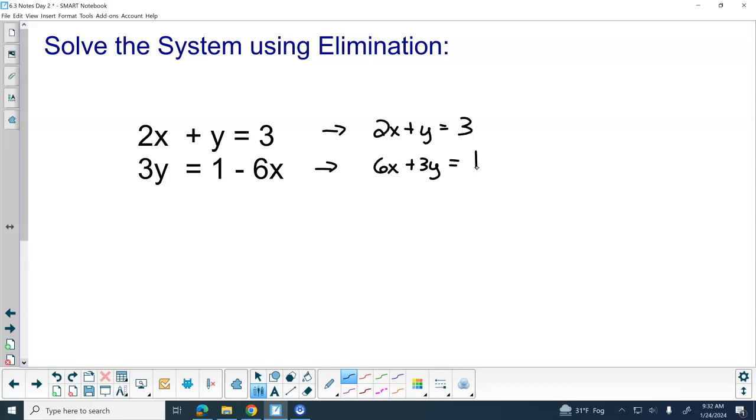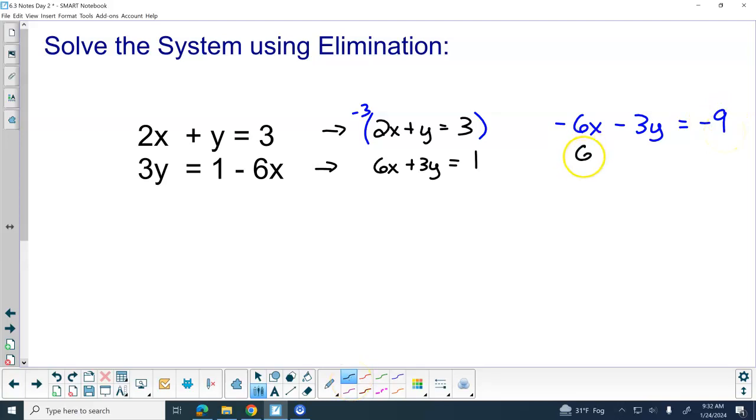So if I'm going to eliminate x, I'm going to have to multiply the top equation by negative 3. And if I multiply that by negative 3, then I get negative 6x minus 3y equals negative 9.